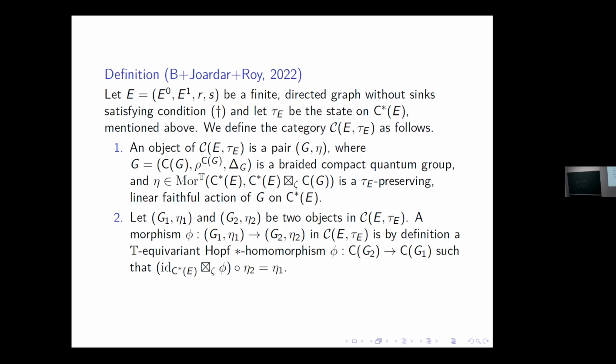The next question would be: do you have braided symmetries of graphs, more than the classical quantum symmetries? Yes, quantum symmetry, braided quantum symmetry. Does that happen?